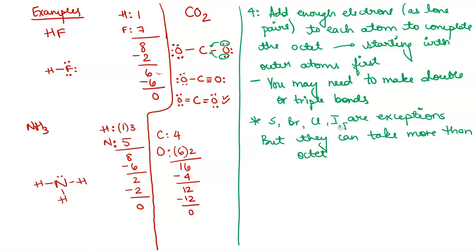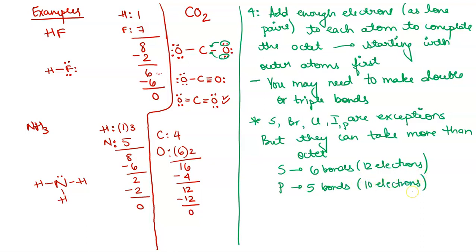I should put phosphorus here too. So octets are the minimum for these atoms, but they can take more than the octet. Sulfur and phosphorus are going to be the more common ones. Sulfur can take up to a maximum of 6 bonds, which means 12 electrons. And phosphorus can take a maximum of 5 bonds, which means 10 electrons. So don't be alarmed if you end up with such awkward looking structures.